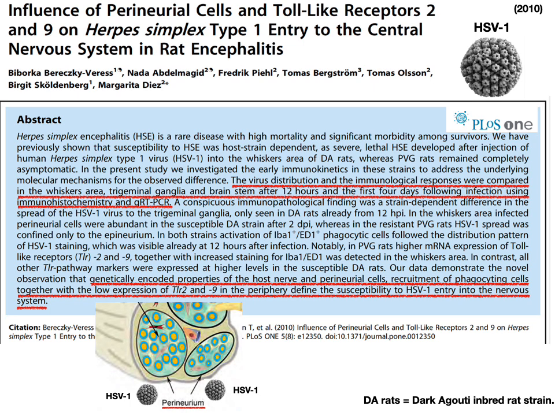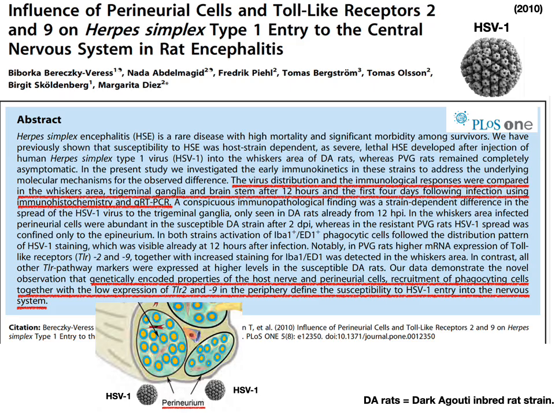A conspicuous immunopathological finding was a strain-dependent difference in the spread of herpes simplex virus 1 to the trigeminal ganglion, only seen in the DA rats, already from 12 hours post-infection.